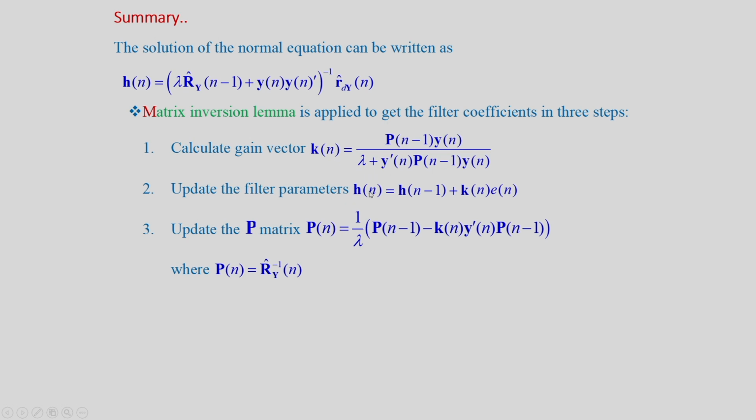Update the filter parameters: Hn is equal to h sub n minus 1 plus the gain vector multiplied by En, where En is the difference between Dn and the filtered output that we have shown earlier. Then we have to update the P matrix by Pn is equal to 1 by lambda times Pn minus 1 minus Kn vector into Yn transpose into Pn minus 1, and in these steps Pn is the inverse of the estimated autocorrelation matrix.